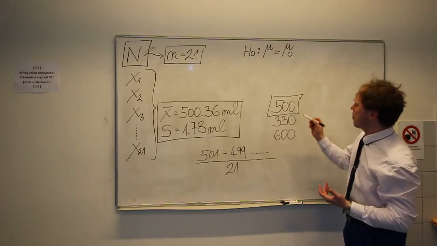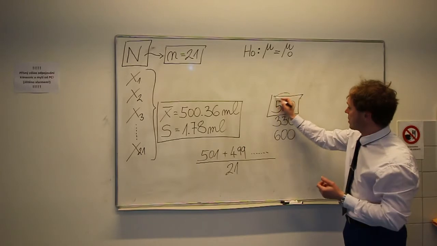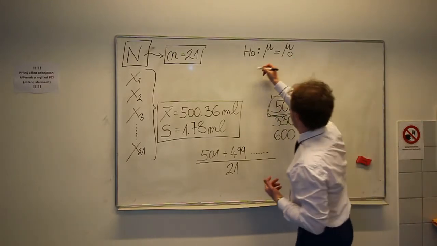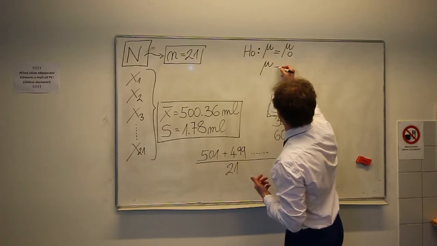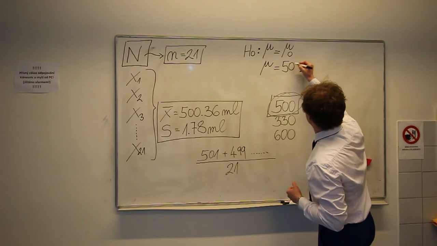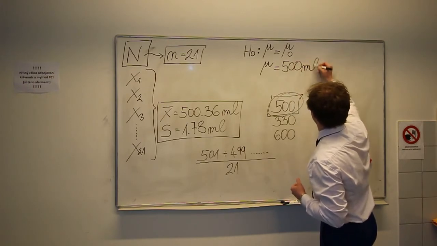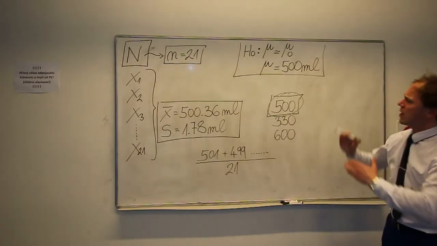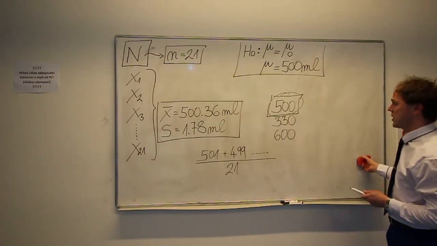But in the Czech Republic, the main standard is 500 milliliters. So we will verify if the average volume of a bottle is equal to 500 milliliters of beer. So this is our null hypothesis.